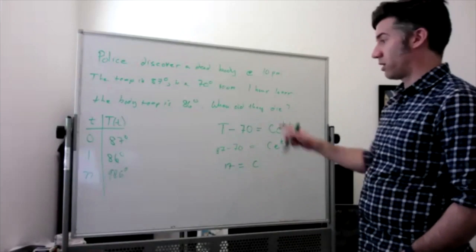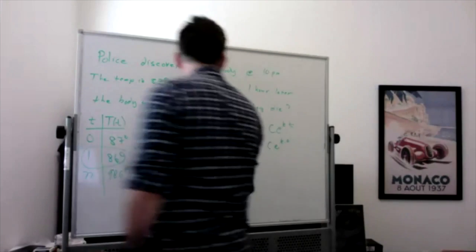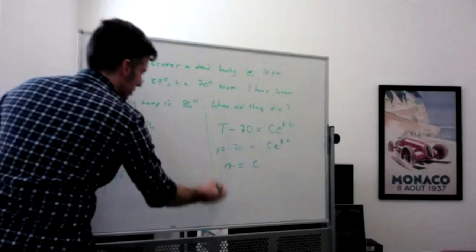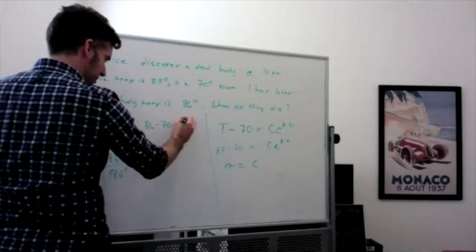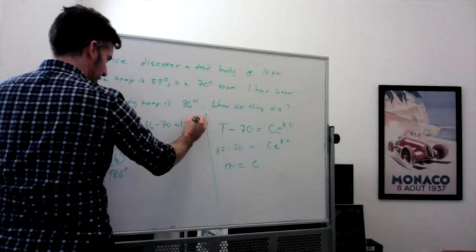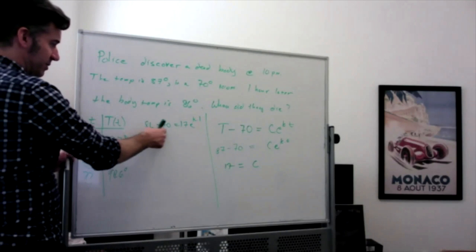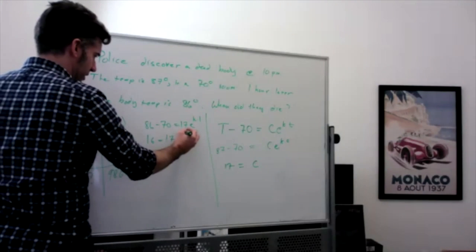So then we're going to go back and plug in this data point. Temperature 86 minus 70 equals C, which we found to be 17, times e to the k times 1. 86 minus 70 is 16. 16 equals 17 e to the k.